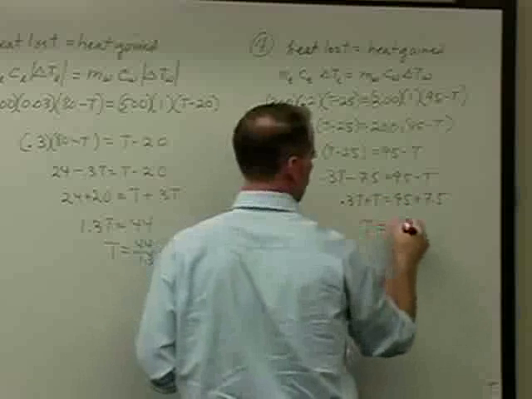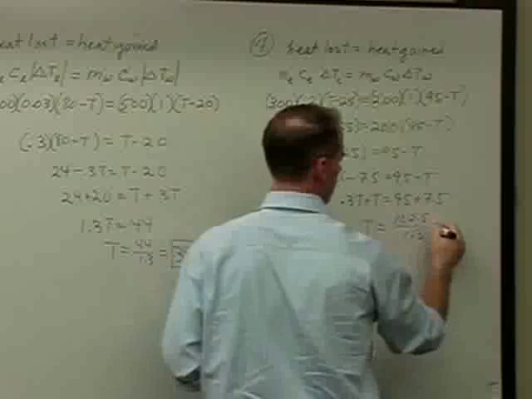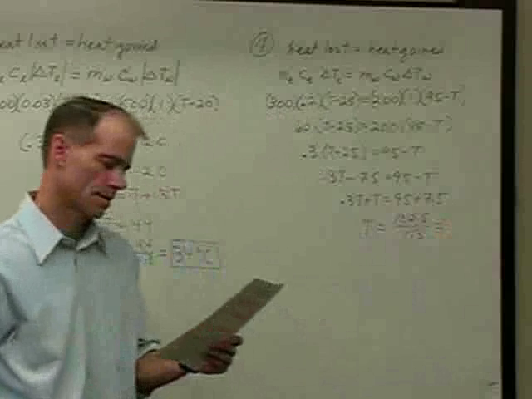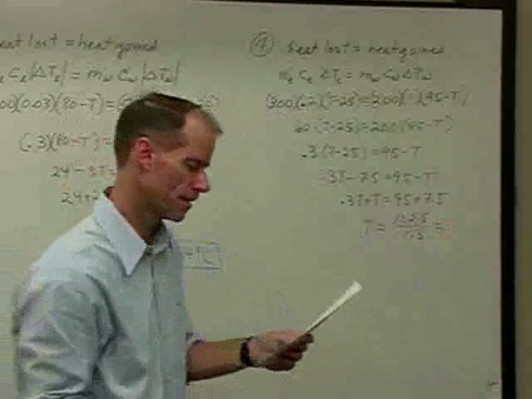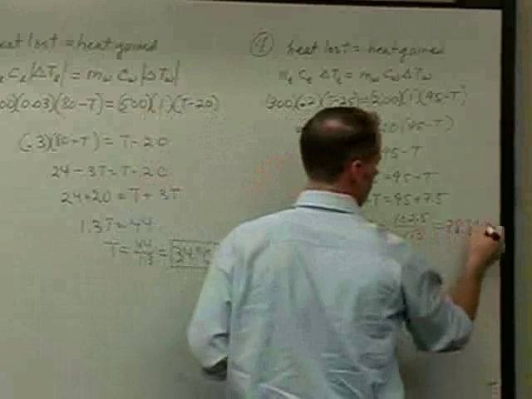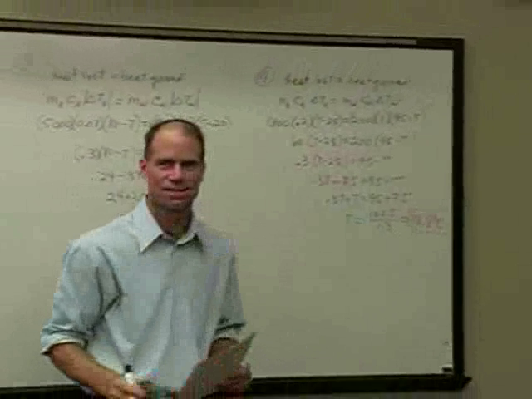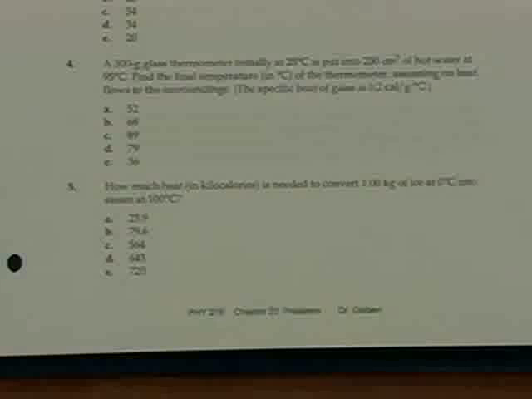T is going to equal 102.5 divided by 1.3, and that is 78.8 degrees Celsius.